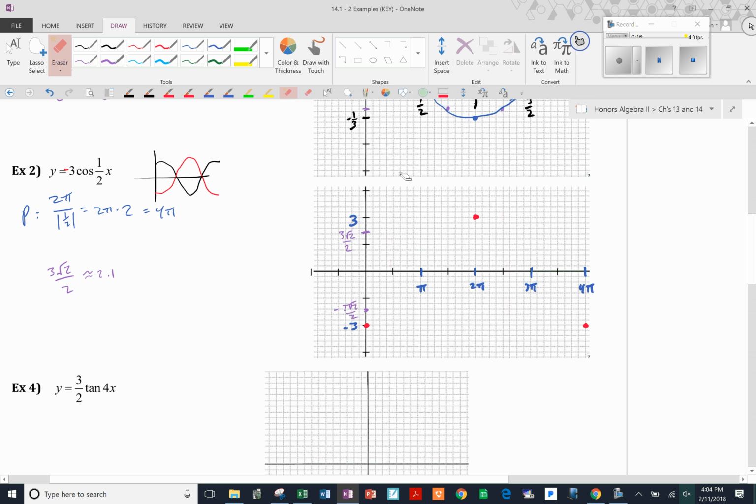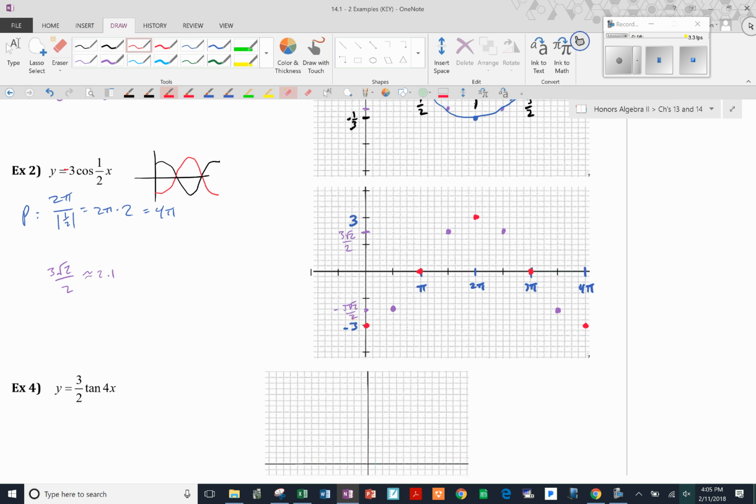So we'll see this type of function again. I know it's going to go through those x-intercepts there, and now we just need to put those square root of 2 over 2 points in. And finally, right in there somewhere.